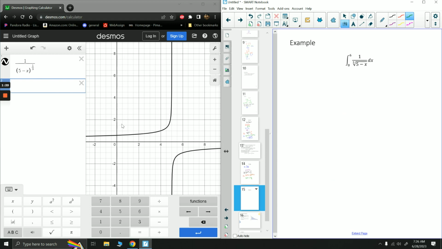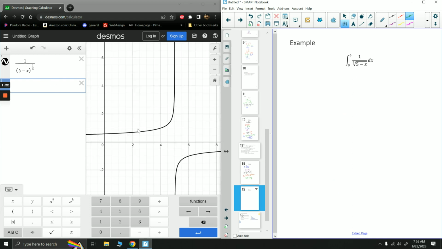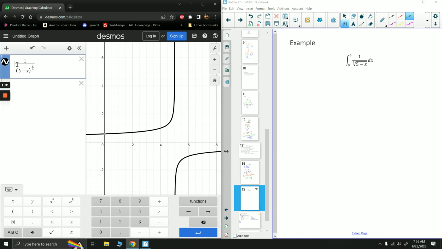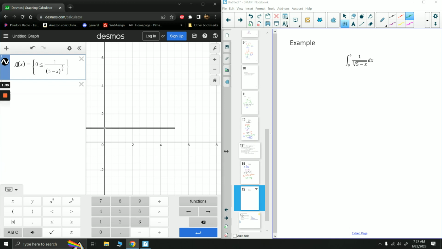Okay, so the idea here is that we need to break this up from 0 to 5, and then we need to take it from 5 to 6 and take its integral. So essentially, what we want to do is say, okay, well, f of x is equal to, in squiggly brackets, 0 less than or equal to x less than or equal to 5 of this thing.